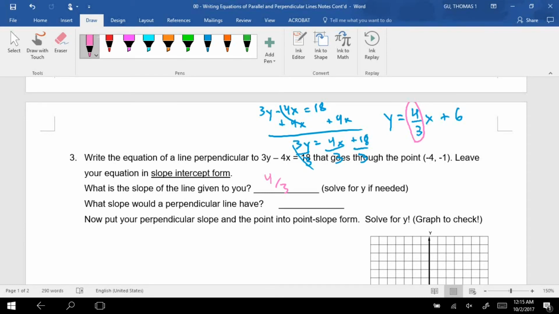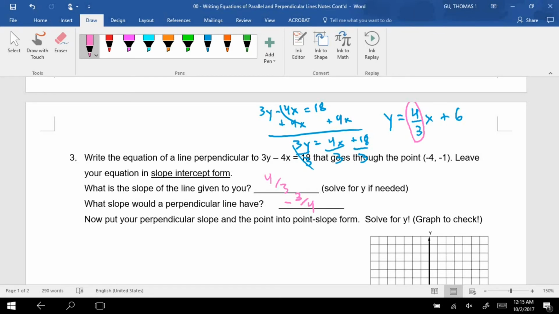It's positive. That means our new perpendicular slope is going to be negative. And reciprocal just means to flip the fraction. Originally it was 4 over 3, so the reciprocal would be 3 over 4. So you can see our perpendicular slope is the negative reciprocal, or the negative flipped version of our original slope.